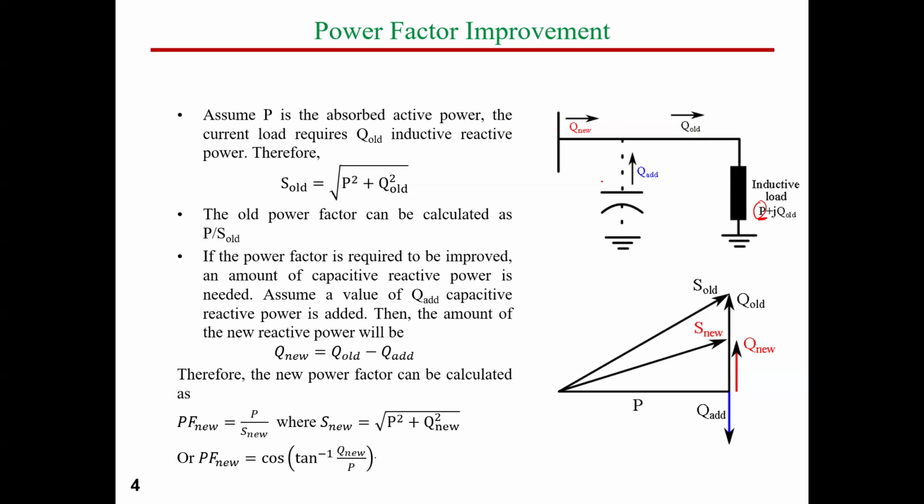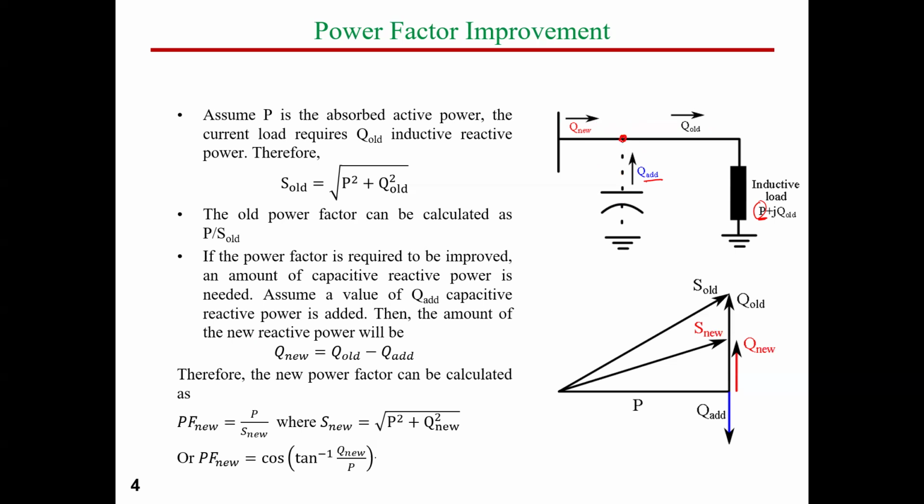If you have a capacitor added to your circuit right now, the amount of reactive power that the capacitor provides is called Q added. In this case, the total amount of Q would be Q new. And from here, guys, we can say Q new equals Q old minus Q add.